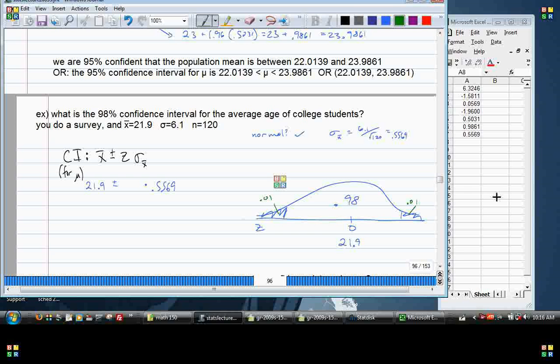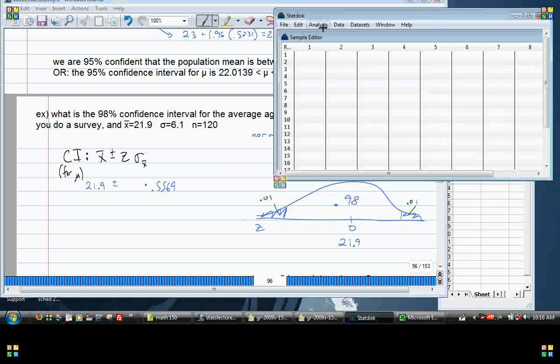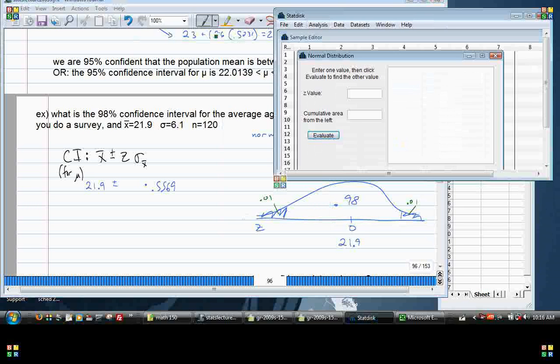Just for practice, let's do this with StatDisk. Is there a difference between 0.1 and 0.01? Yes. Okay. Normal distribution. When we have this interface, what do we type in? Area to the left, which is 0.01. And what do we need from there? The z-score.